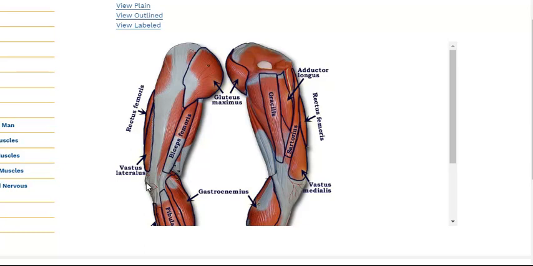And there's your vastus medialis, which is more inward. But again, you can't really tell it because they've got the knee twisted outward. So in your mind, take this knee and pull it forward, and then that'll put this vastus medialis back inside here, where we want it to be.